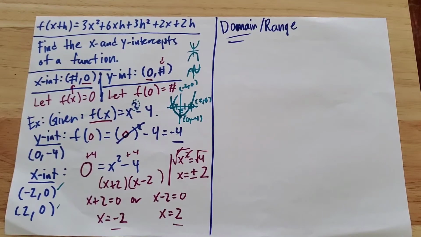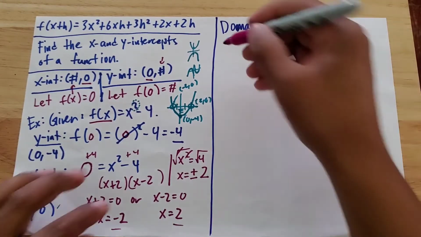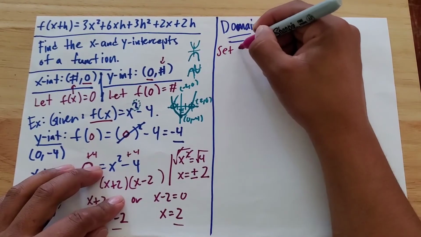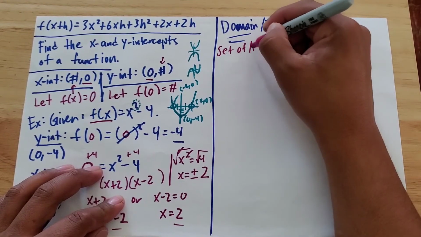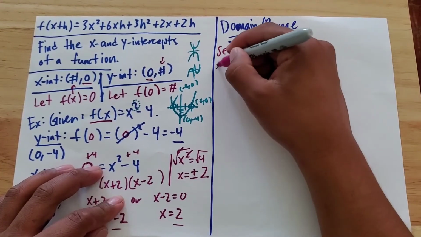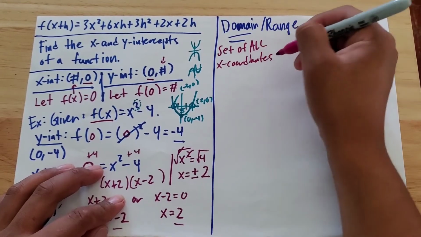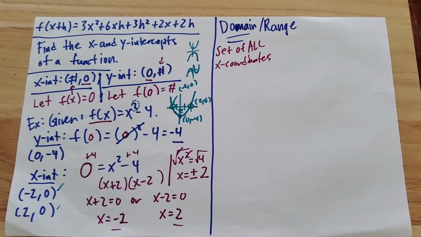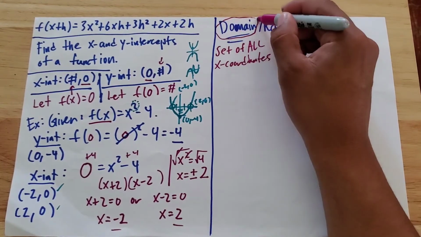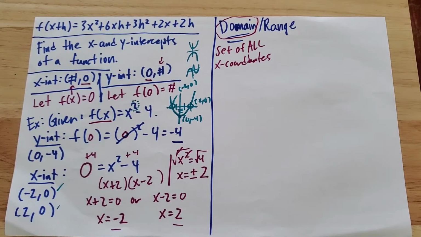And remember, the domain is the set of all x coordinates. So that's what the domain is. That's the one we're going to focus on right now. The domain is the set of all x coordinates, and we're going to try to see if we can find the domain.